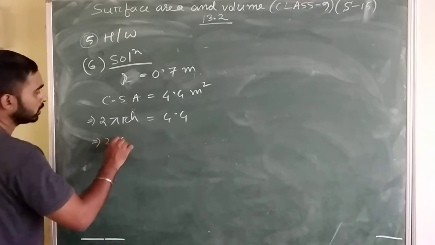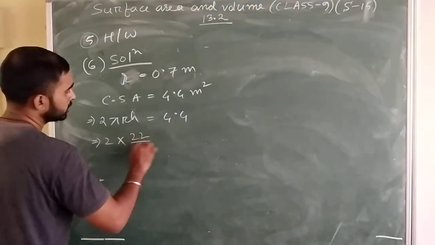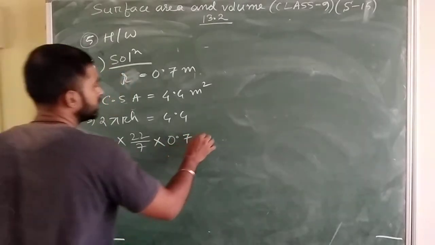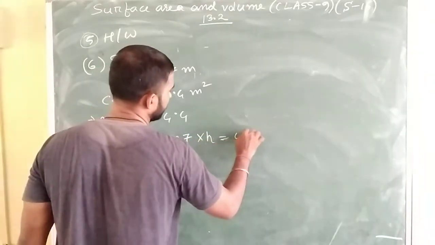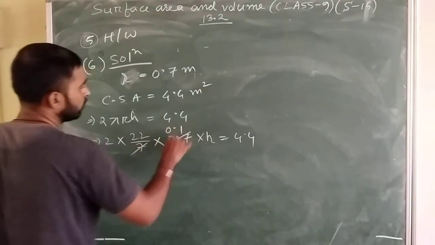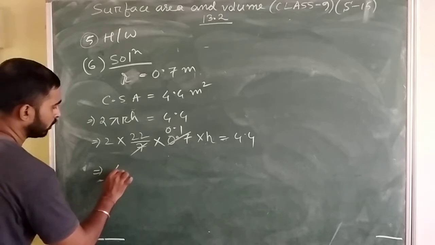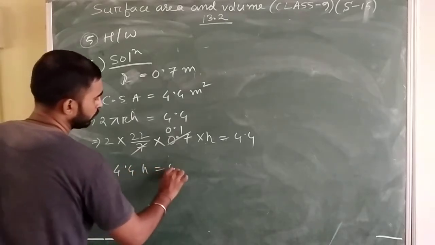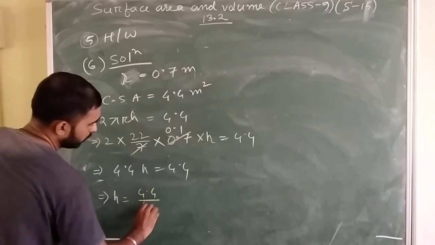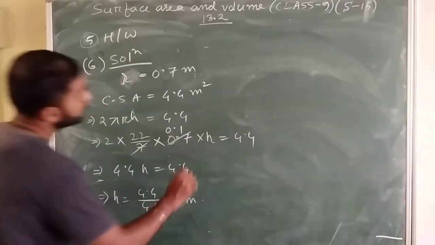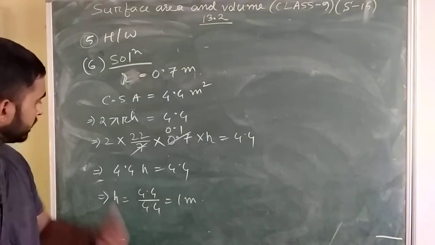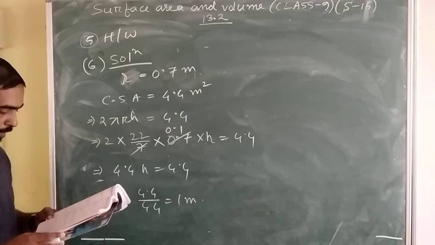So 2 into pi, which is 22 by 7. Now what is R? 0.7. What is height? It is the question mark, so height equals h. If you cancel them, that is 0.1. 44 into 0.1 is 4.4. So 4.4 H equals 4.4. What is the height? 4.4 by 4.4 equals 1 meter. So this is the height of the cylinder. Got it?